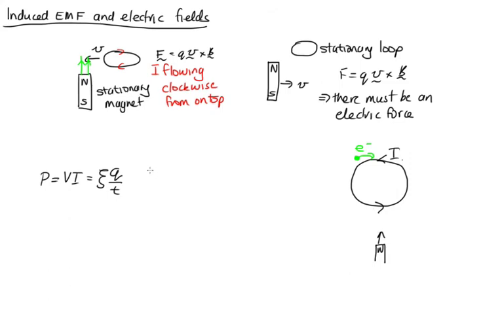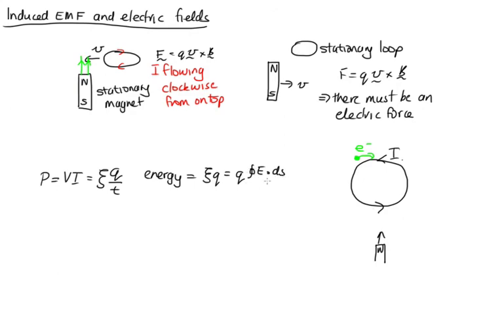And so we can say that the energy to move the electron around the loop is equal to the EMF times q. We also know that the work done on the electron, which is negative, to get it to go around the loop, is given by E dot ds, the electric field times the distance.